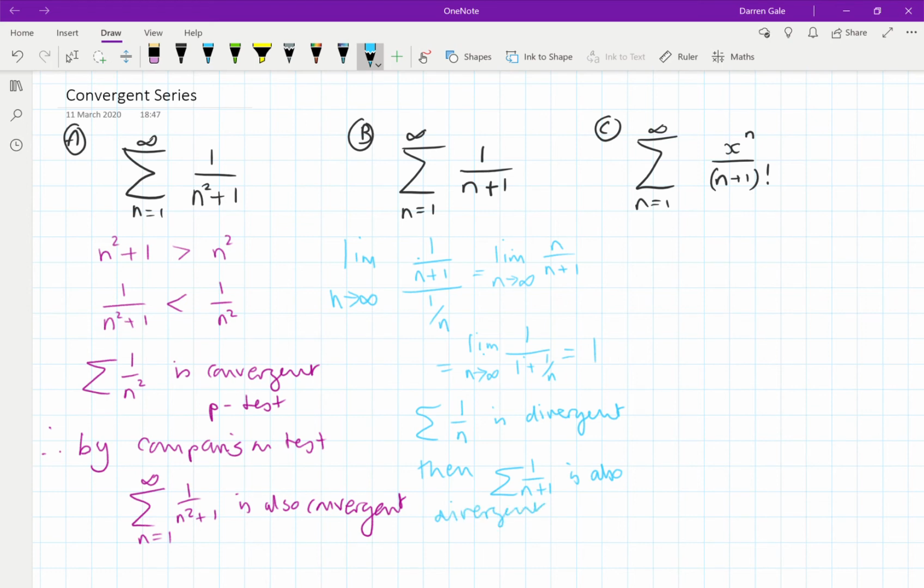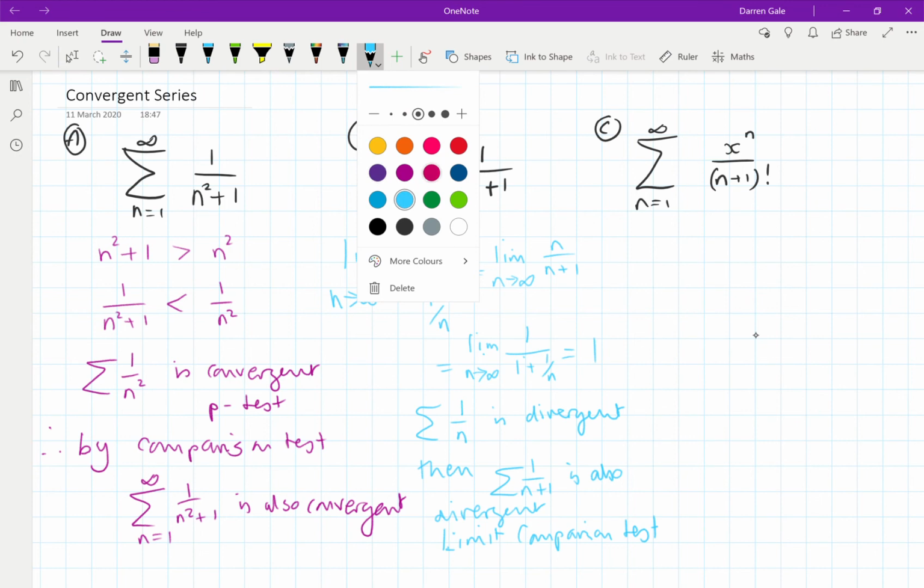That's the limit comparison test. I hope you see the difference. I couldn't use the comparison test because 1 over n plus 1 is smaller than 1 over n, and 1 over n diverges. Just because something's smaller than something that diverges, we don't know whether it diverges or converges.